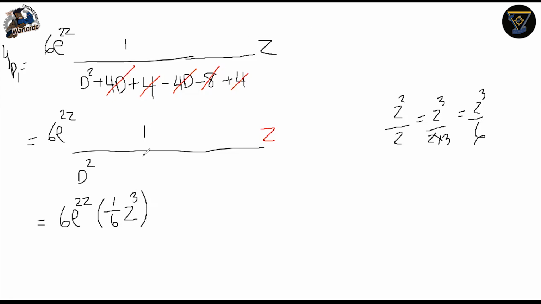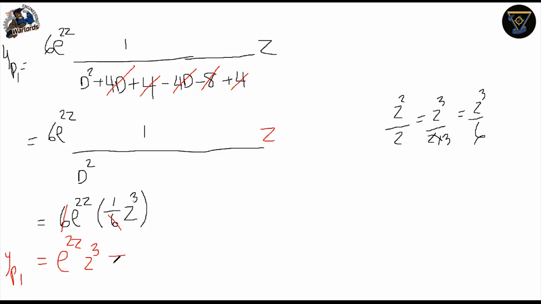And now we realize that this 6 cancels this 6 here. So what you're left with is e to the 2z multiplied by z cubed, right? And this is your yp1.